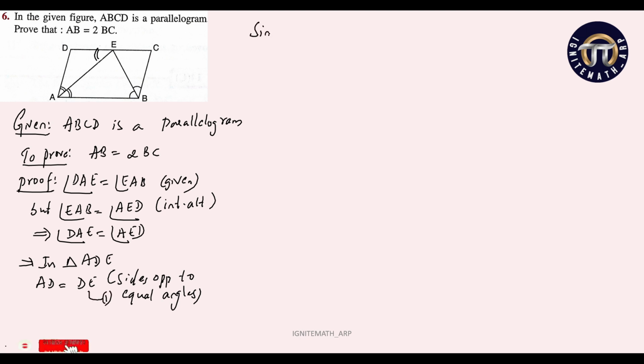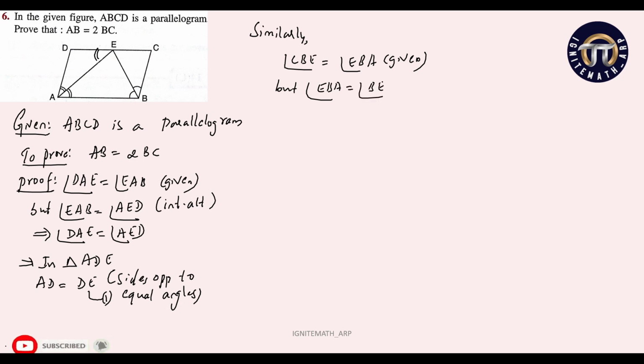So similarly, I can write that angle CBE is equal to EBA. This is given to you, but I can say that EBA is equal to BEC, interior alternate angles. So that implies that CBE is equal to BEC.